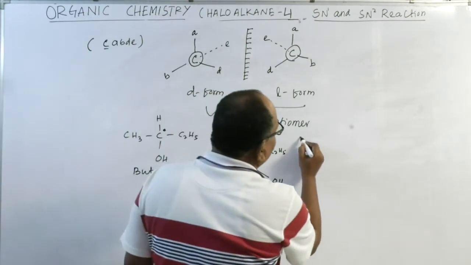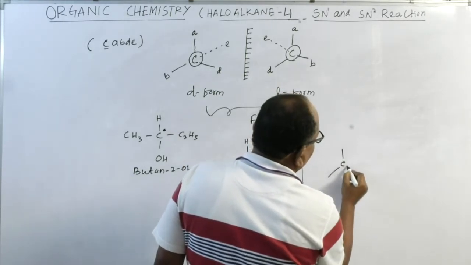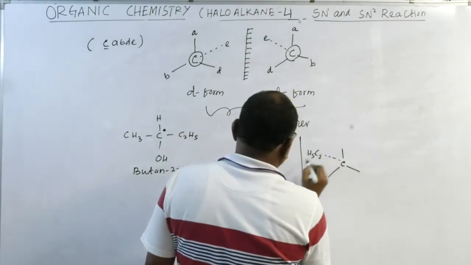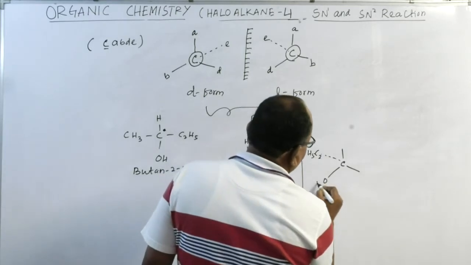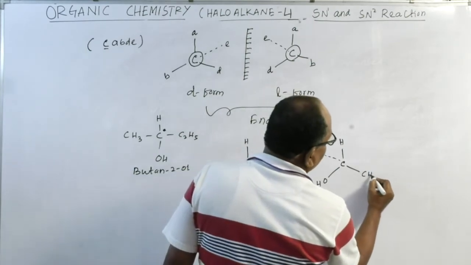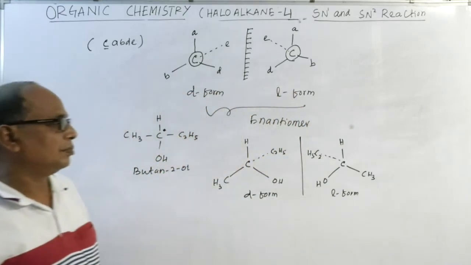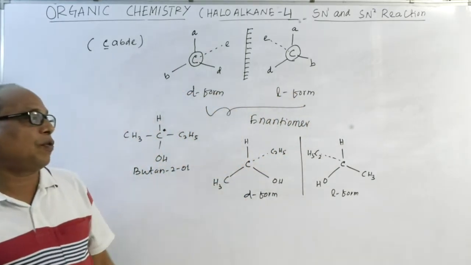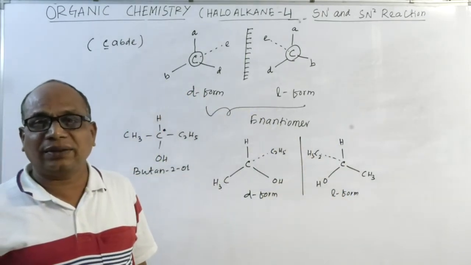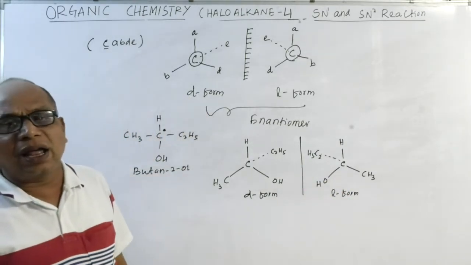The L form is, that is C, this is C2H5, this is OH, this is H, and this is CH3. This is called L form. If the D form rotates the plane polarized light in the clockwise direction, the L form will rotate it in the anti-clockwise direction. So this is called D form and L form.